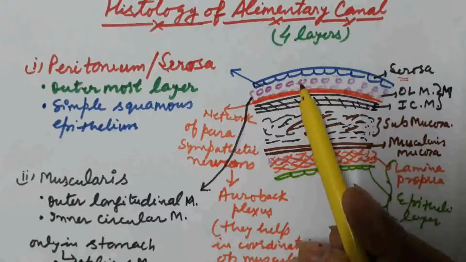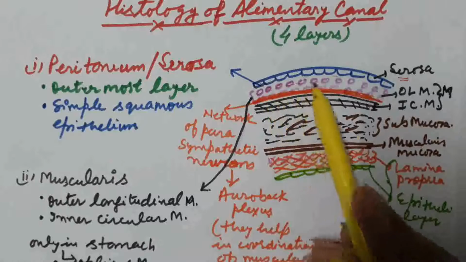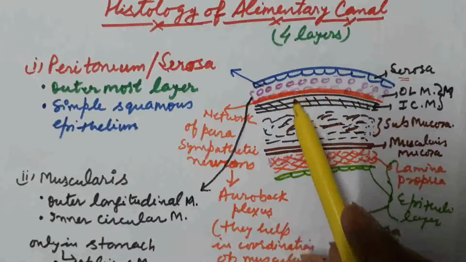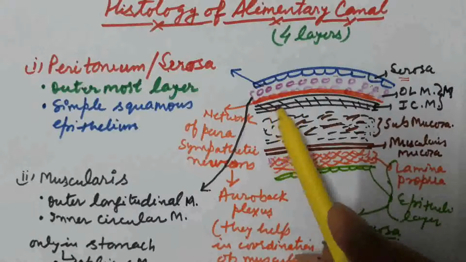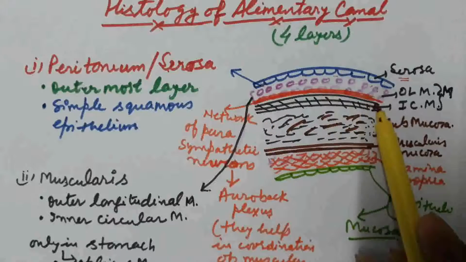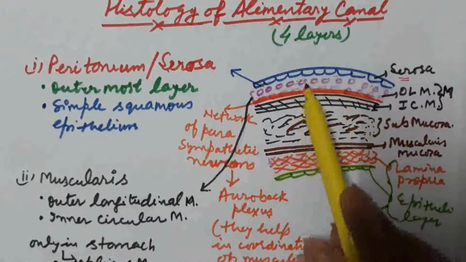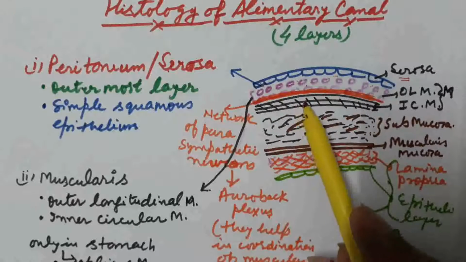The outer layer is known as the outer longitudinal muscularis because it is made up of longitudinal muscles, and inside these longitudinal muscles are present the inner black color circular muscles. We call it the inner circular muscularis. Both these together constitute the muscularis, the second layer of the alimentary canal.